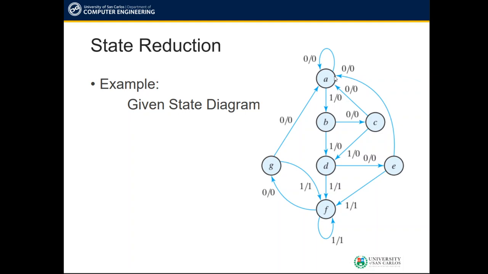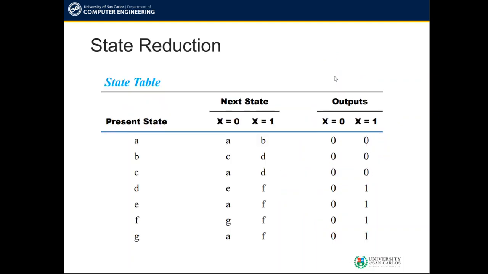To start state reduction, we transform the state diagram into a state table for easier visualization. So this is now the equivalent state table. We have here the present state, the next state, and the outputs, and the inputs x equals 0 or x equals 1.